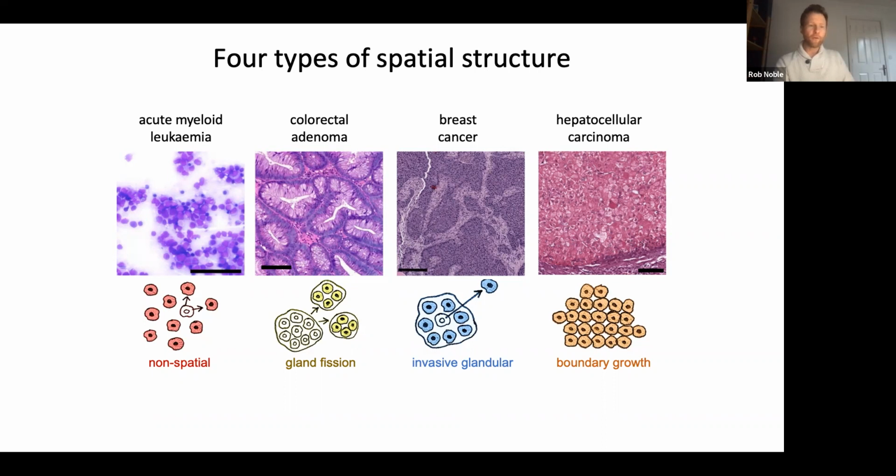So this is what we introduced, a model in which the cells are divided into patches, and then cells are able to move between patches at some rate. And we call this the invasive glandular model. Again, we start the model with a field of healthy tissue, and we introduce the transformed cell in the middle. So it has to proceed by invading normal tissue.